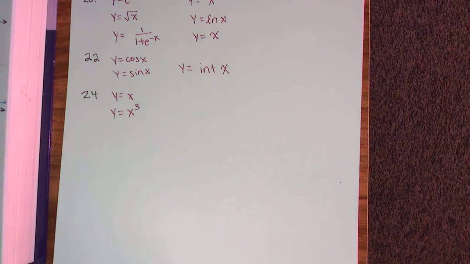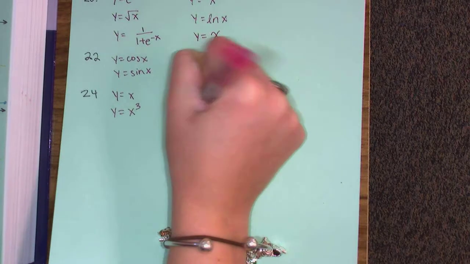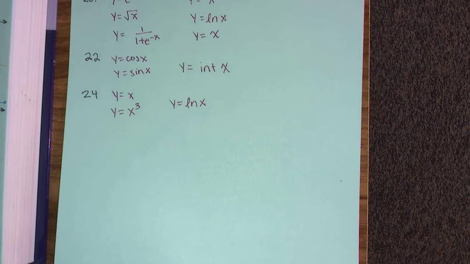We already said that one. Y equals x is identity function. Yes, natural log. Okay, so those cover a range of all values of y, so that's why those ones are.